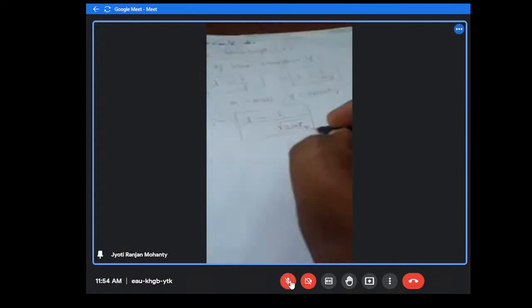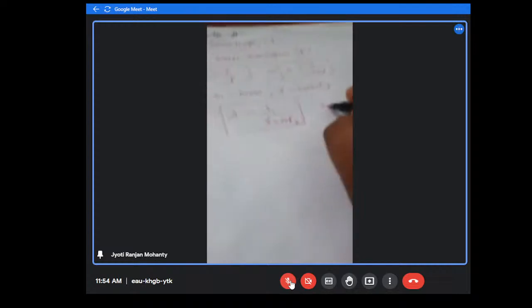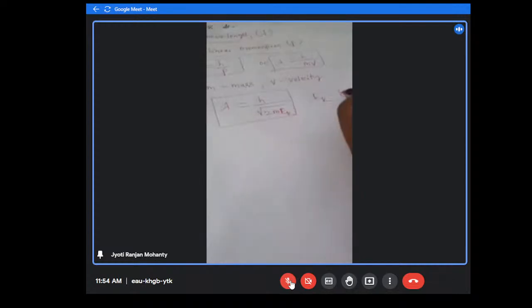So lambda is equal to h by root of 2m into Ek, where Ek is known as kinetic energy.